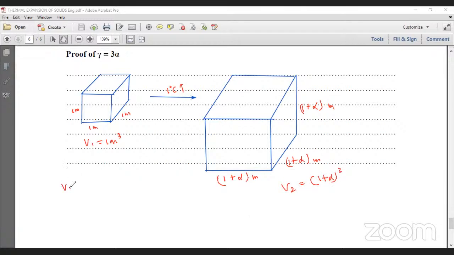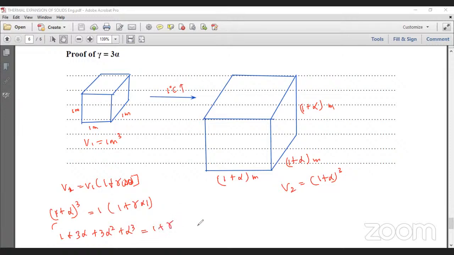Then you can use this in the equation V2 equals V1 (1 plus gamma delta theta). So V2 is (1 plus alpha) cubed, V1 is 1, and delta theta is 1 degree. By simplifying, 1 plus 3 alpha plus 3 alpha squared plus alpha cubed equals 1 plus gamma.